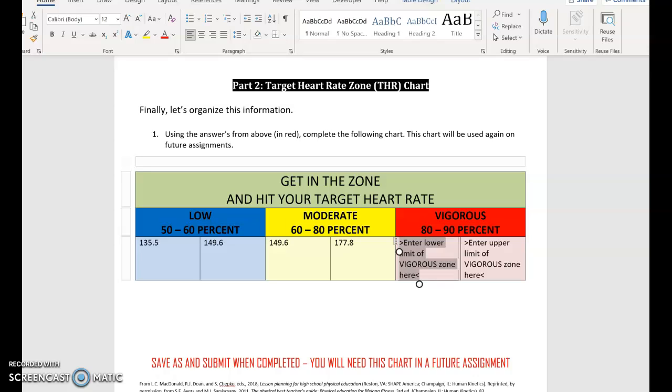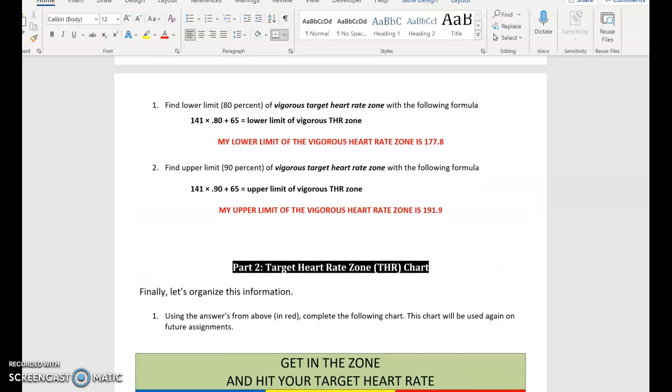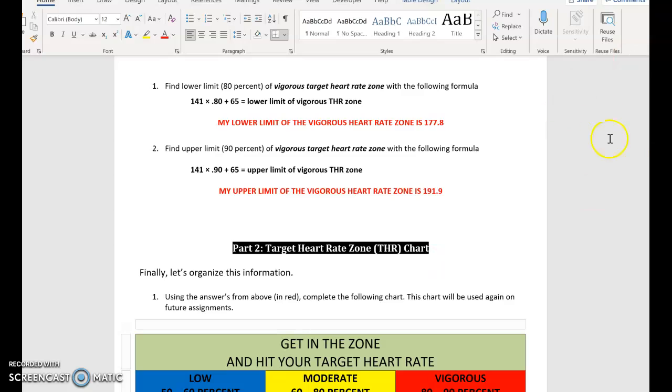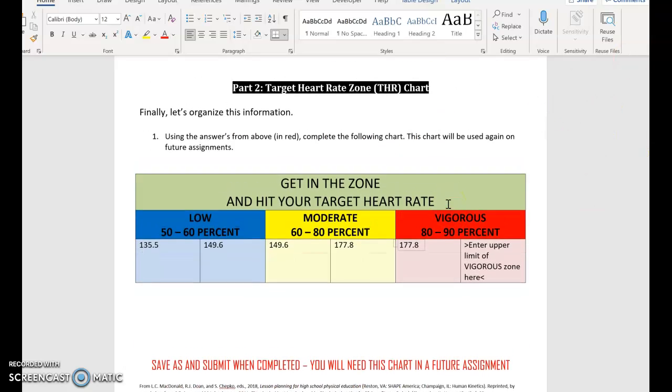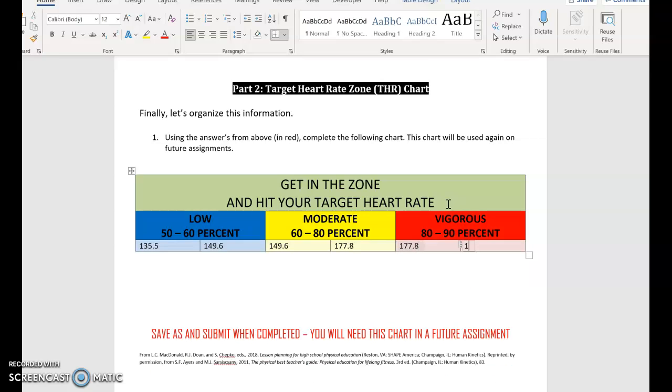Now I also know that this lower is going to be 177.8. For vigorous, 177.8. And then the upper limit was 191.9.